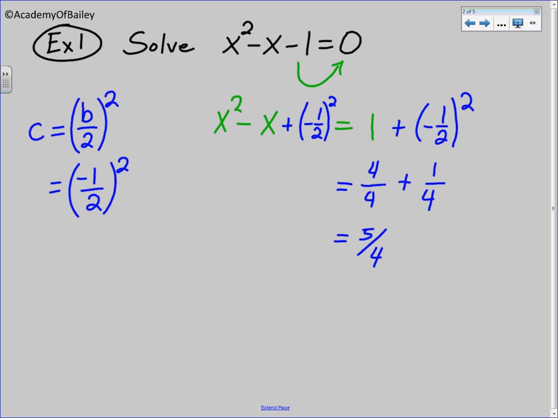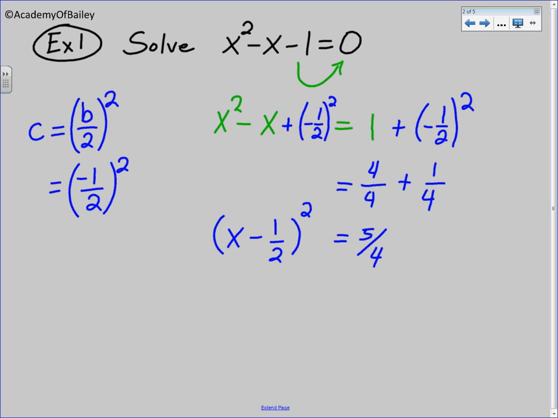Okay, now by completing the square, the whole goal for this is I want to put this left side in a parentheses that's going to be squared. Just watch what I'm doing. I'm going to put x, and then I'm going to put -1/2 here.